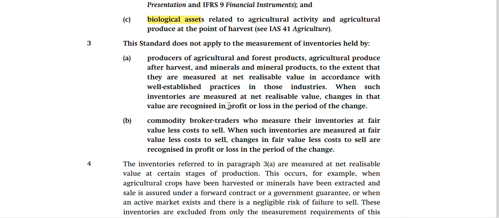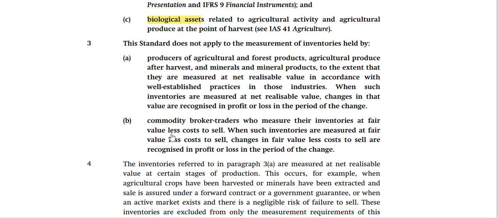When such inventories are measured at net realizable value, changes in that value are recognized in profit or loss in the period of change. It is important that you see that they are saying more further in terms of why International Accounting Standard 41 is not used when it comes to the measurement of the agricultural produce.